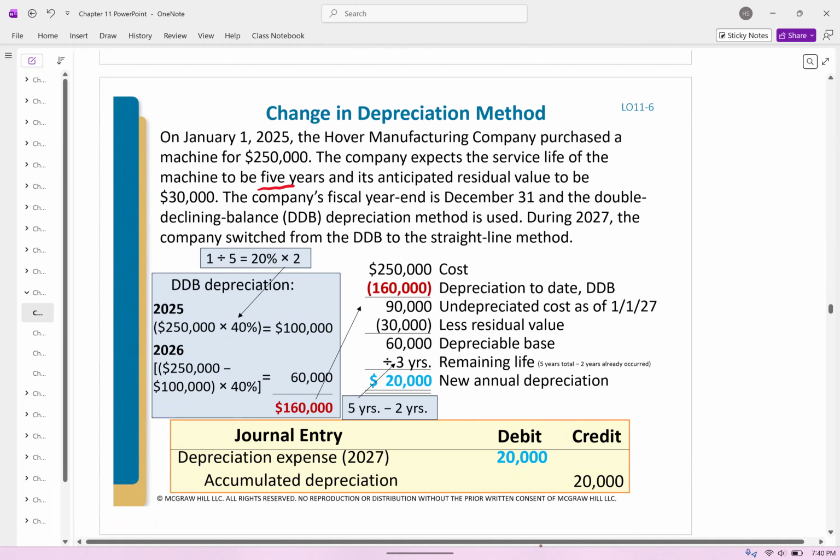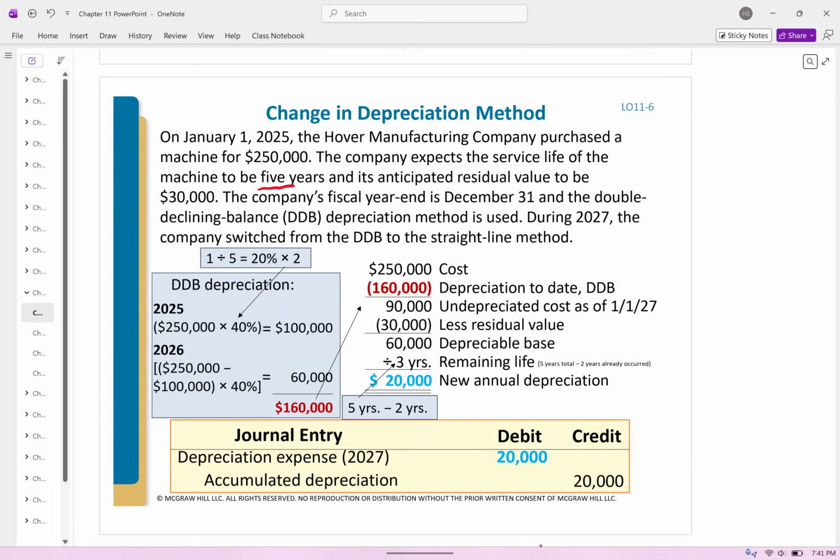And this is a really good one, mainly because it's almost identical to what we've already done. They started with that same machine, same life, and the residual value was 30,000. That didn't really change that year one and year two depreciation. I think it was 40,000 in the problem we worked, but it didn't really change that first year because we don't take the salvage value out on the front end of double declining balance.